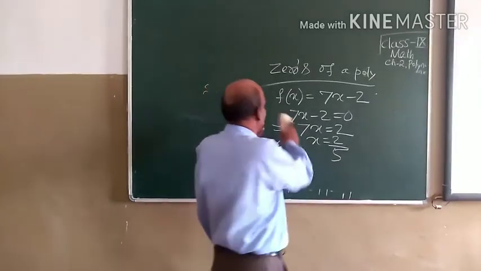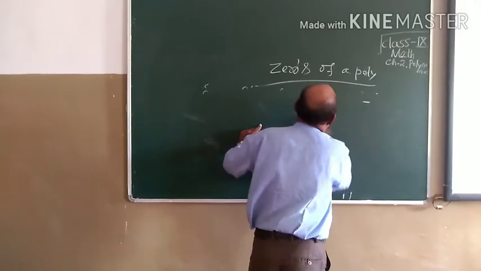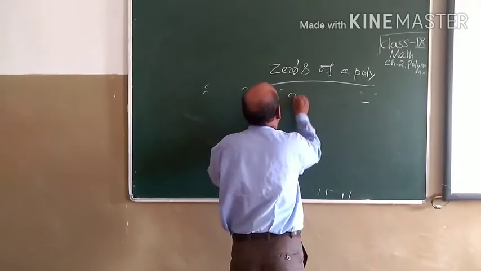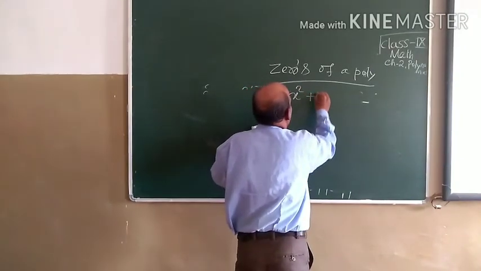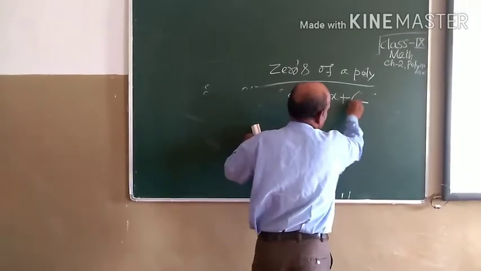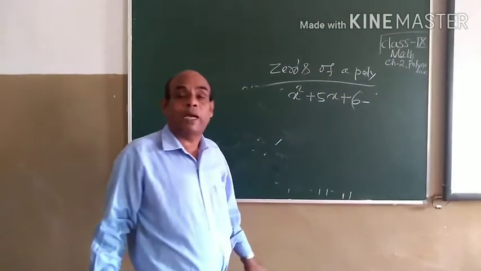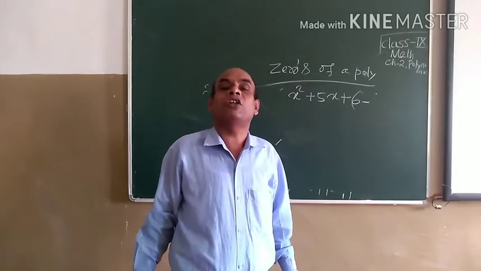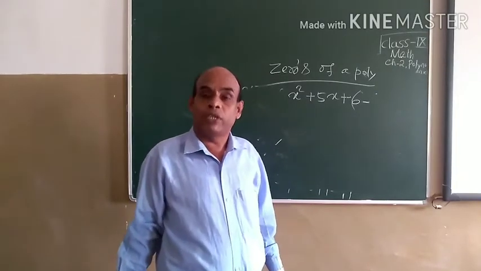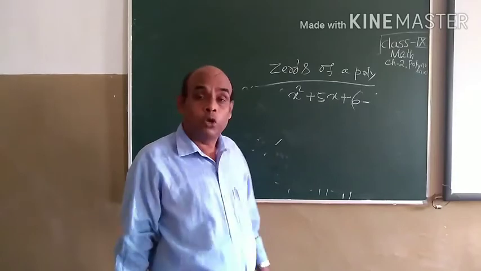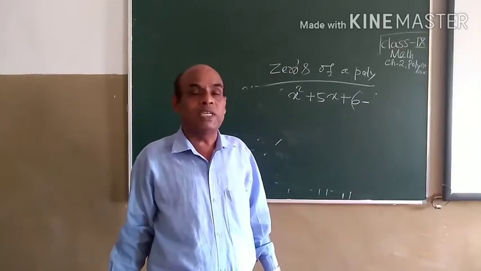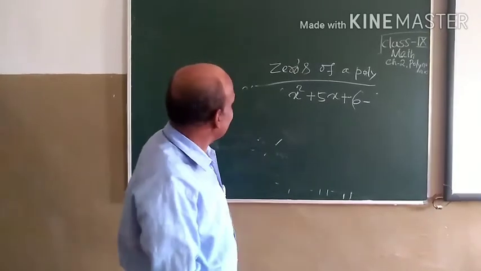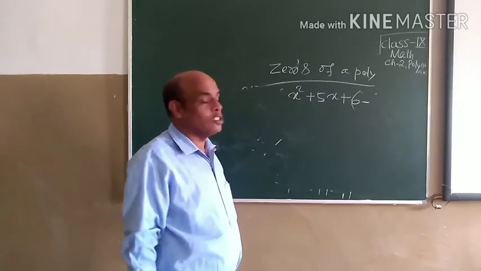Suppose, see another example: x square plus 5x plus 6. x square plus 5x plus 6 is a polynomial. So what are the roots of the equation, or what are the zeros of the equation? Root means zero. So tell me what are the roots of the equation.